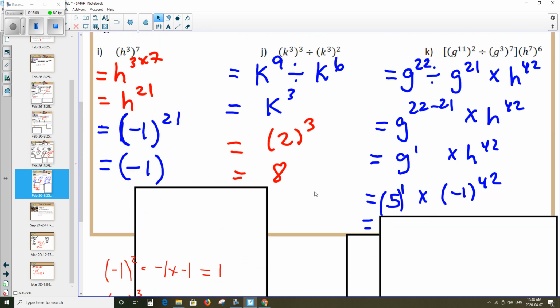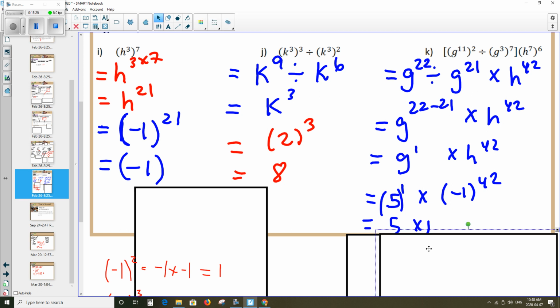So we have 5 to the exponent of 1, -1 to the exponent of 42. As I explained, if you have an even exponent, the answer will be positive when you raise it to that power. So 5 to the 1 is 5, and this is going to give you +1. 5 times 1 is 5.